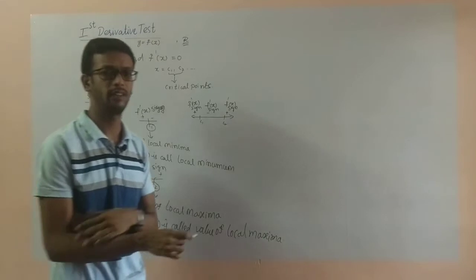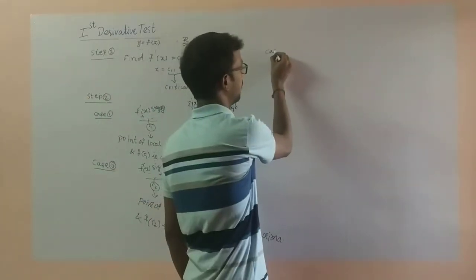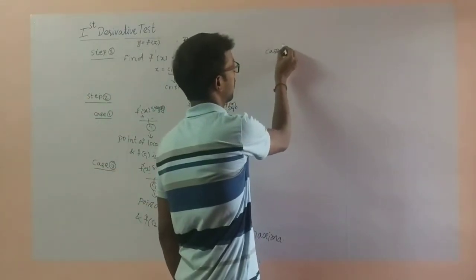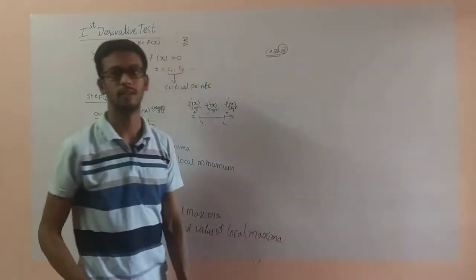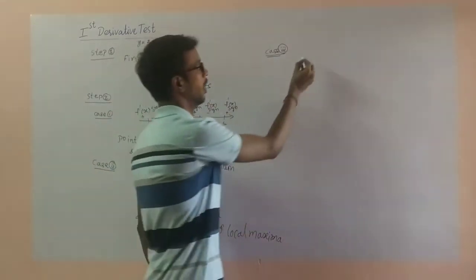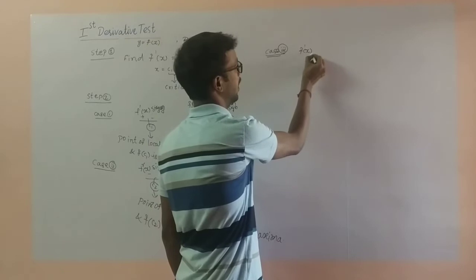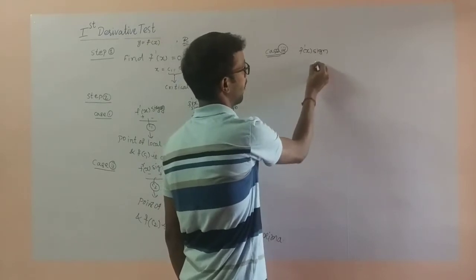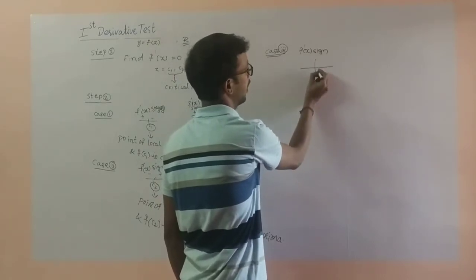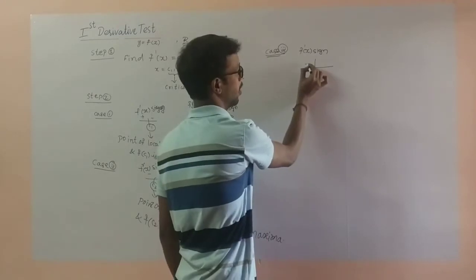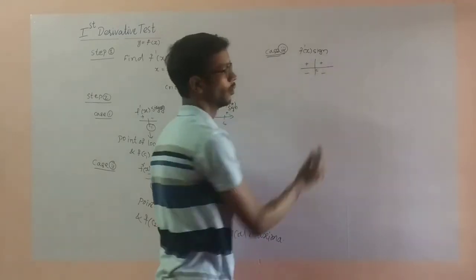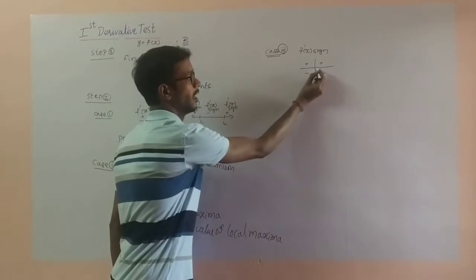Next, one more case is there, that is case 3. The sign of f dash of x at a particular critical point goes positive to positive, or negative to negative. The sign is not changing.